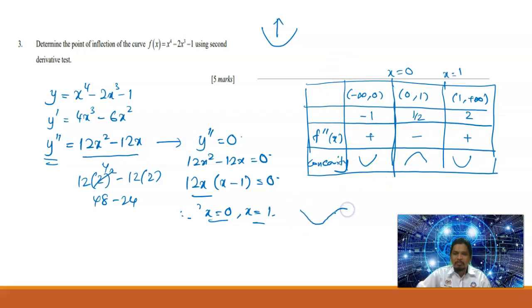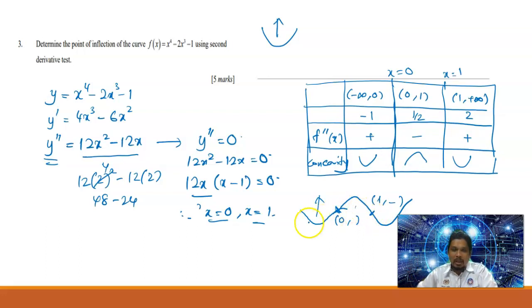The points of inflection are at x equal to 0 and y equal to something, and at 1 and something. Inflection means the change from the concavity facing up to facing down, so this is the turning point between facing up and down.